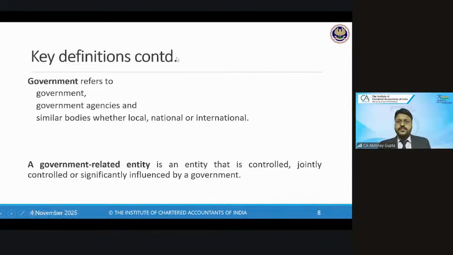Okay, is the screen visible? Yes, sir. Sorry, my laptop got hanged actually.